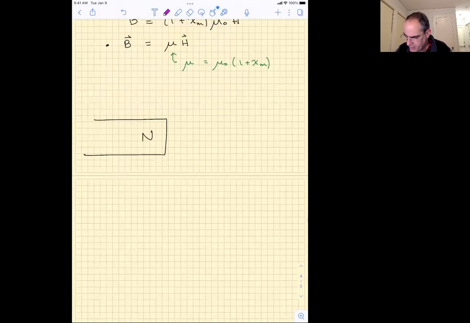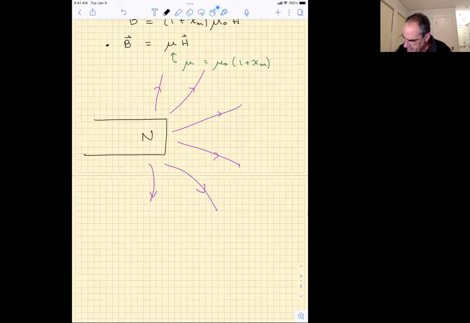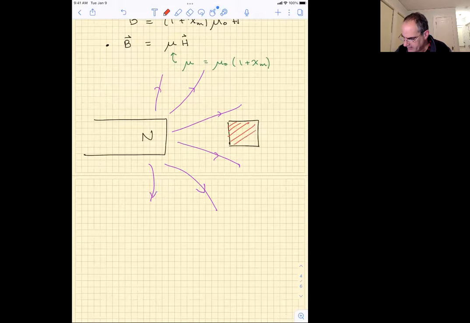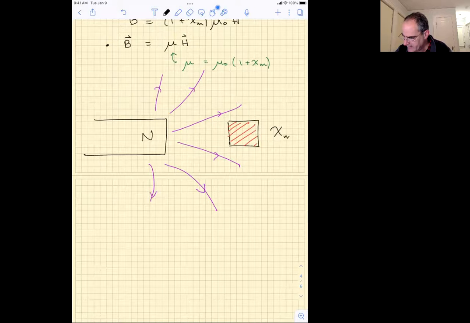We know that the north pole of a bar magnet is a source of magnetic field, and magnetic field lines diverge away from the north pole and eventually wind around to the south pole, but we don't care about that right now. And suppose that we place into the field of this bar magnet a piece of magnetic material that has some magnetic susceptibility, chi m. Okay?